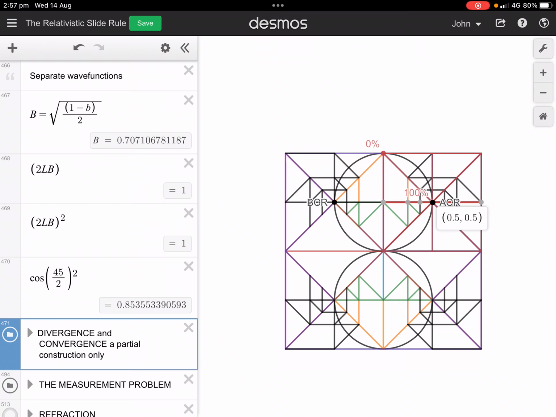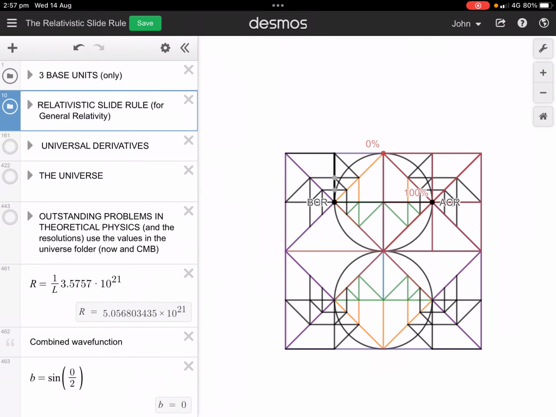This would be Alice's classical reality, which is her measurement, 100% to the right, and then on the other side I've got Bob's classical reality, which is 100% to the left, and that's because of conservation of momentum.